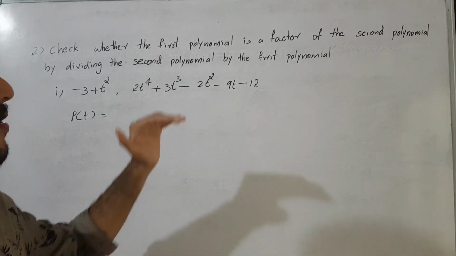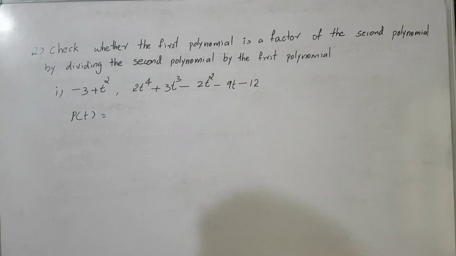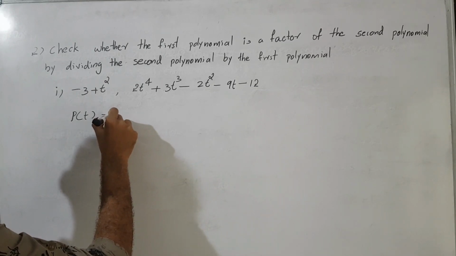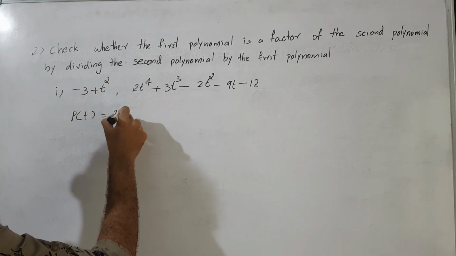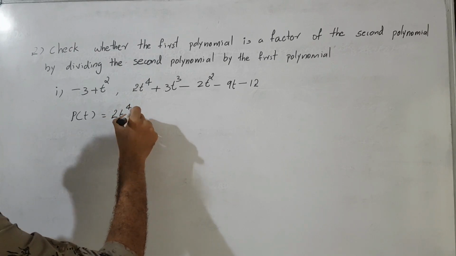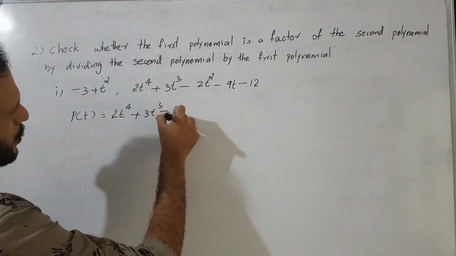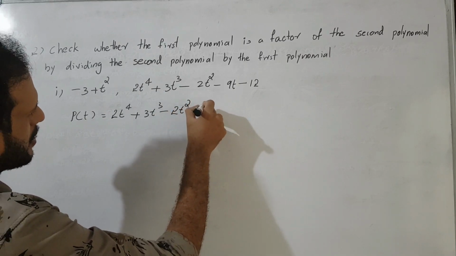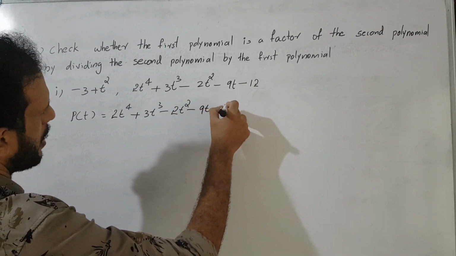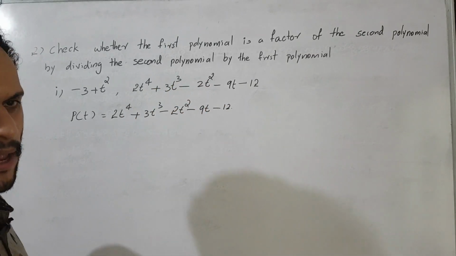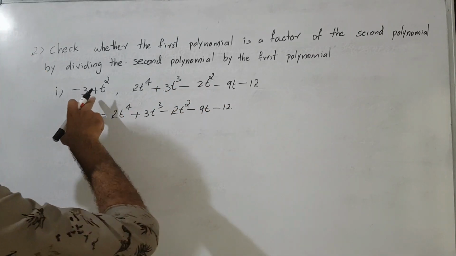That means it is already given in the standard form. So there is no change in the first one, the second one, so we write that one the same: 2t raised to 4 plus 3t cube minus 2t square minus 9t minus 12. Okay, then next we write the divisor.